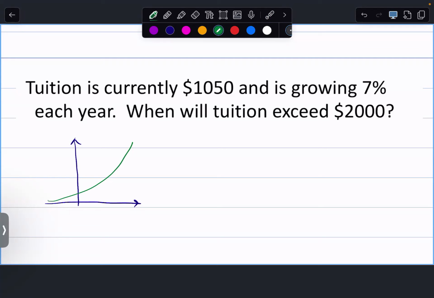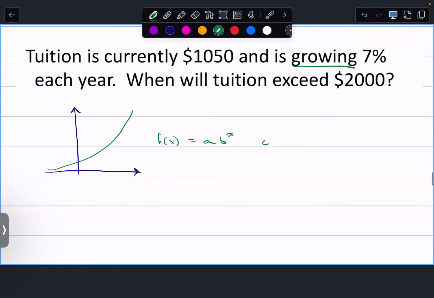We know it's growing, so I know I have exponential growth. The general formula for this is a times b to the power of x. But b could be rewritten as 1 plus r, or f of x is a times (1 plus r) to the power of x.